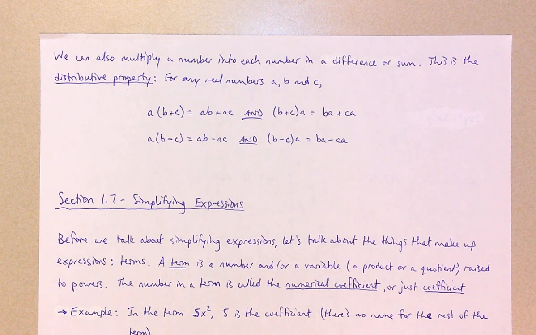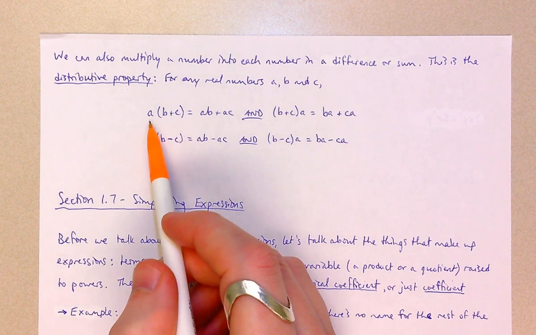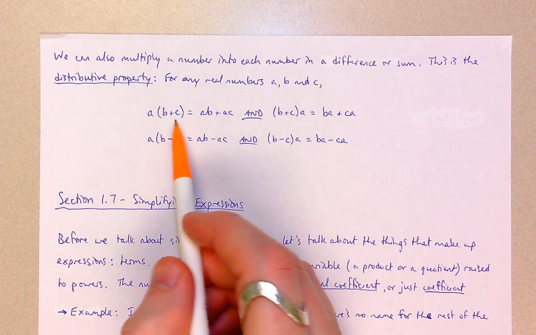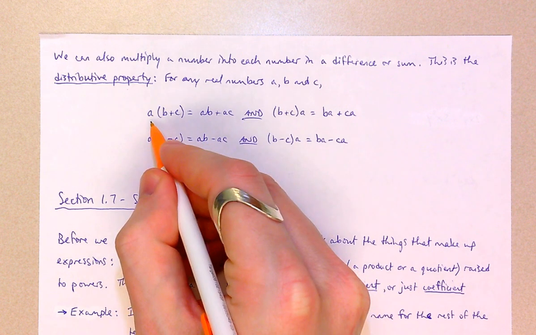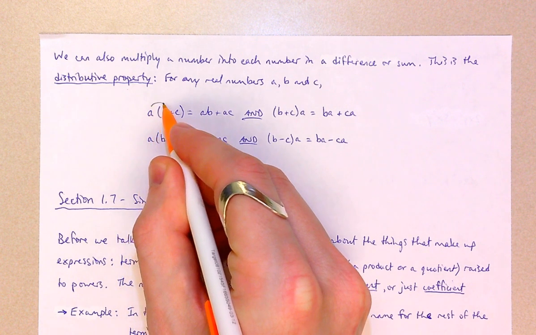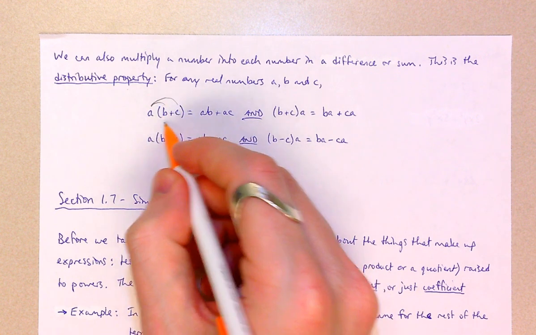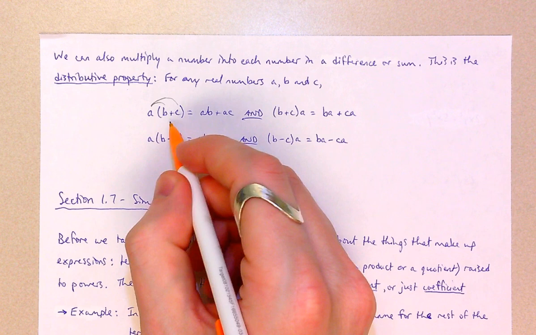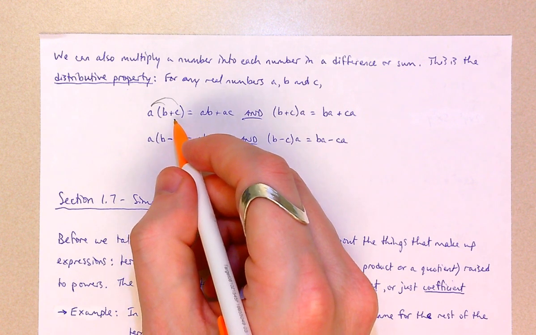So for any real numbers a, b, and c, if I take the product of a and the sum of b and c, that's the same thing as taking this value a and multiplying it into each of the two numbers or terms in this sum.